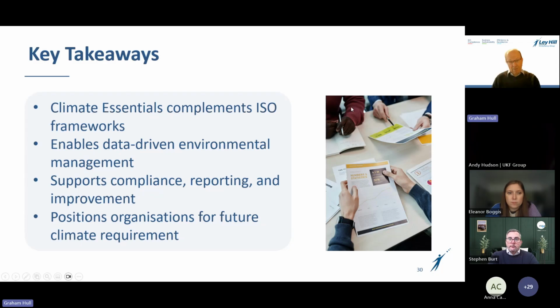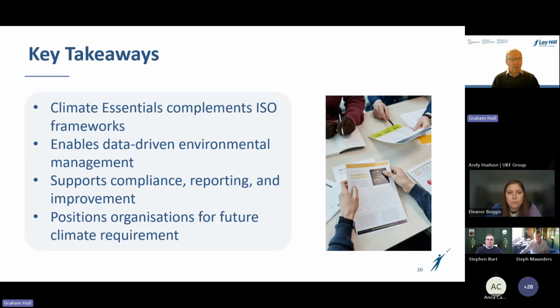And I think one of the big things here that's come out of this session here is the linkages to data. It's absolutely clear that having the right data and being able to verify it is so important for any of these topics that we've been talking about.